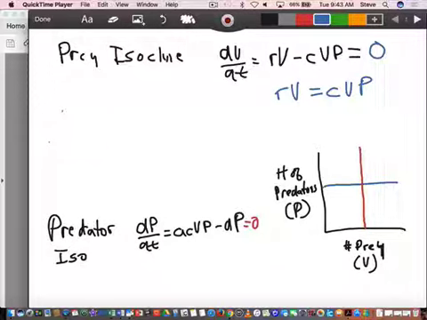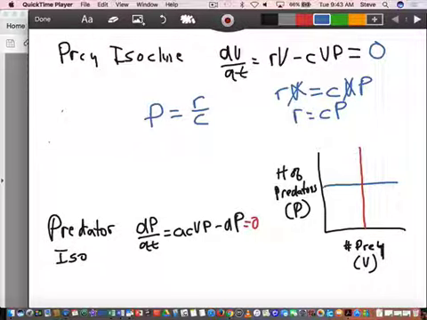You can eliminate it, and what you have is R equals CP. What you're solving for in all these equations is the big P or the big V. So the equilibrium point is P equals what? R over C. That is the equilibrium point for the prey isocline.